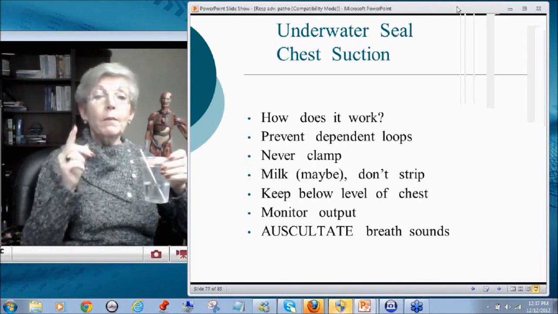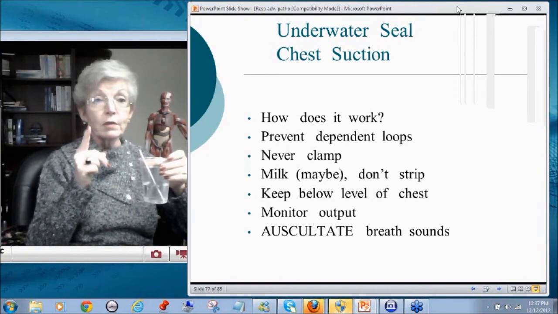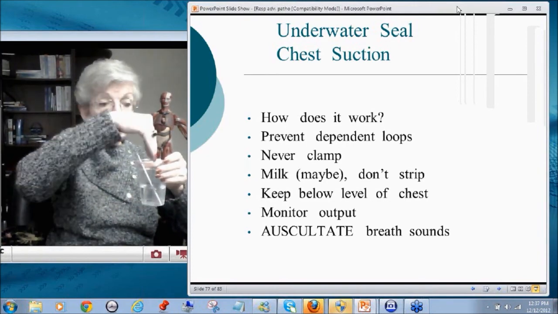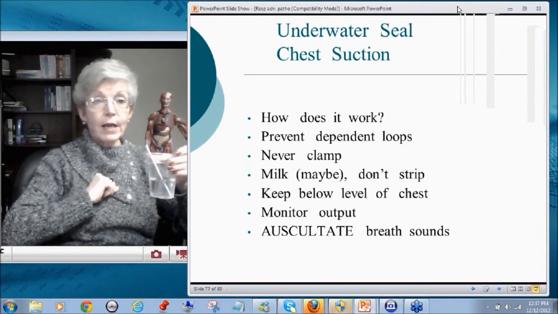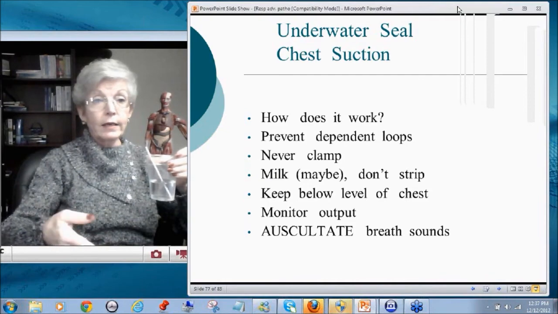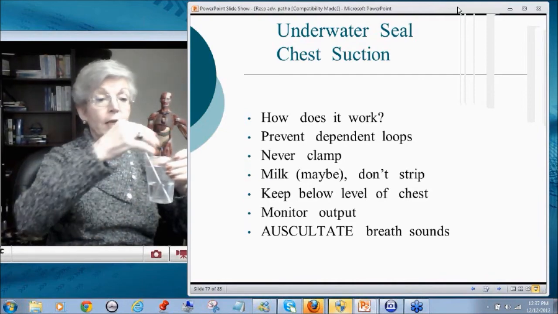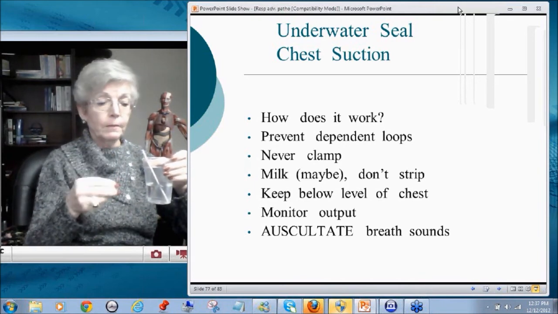Gravity. There's plus 760 millimeters of mercury pressure in this room, pressing down on the water, keeping it in my glass. If I were in a space capsule where I'd lost gravitational pressure, it would come floating out, which is why all their things have to be sealed.